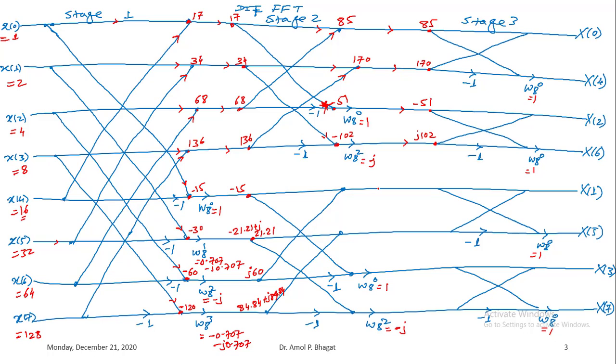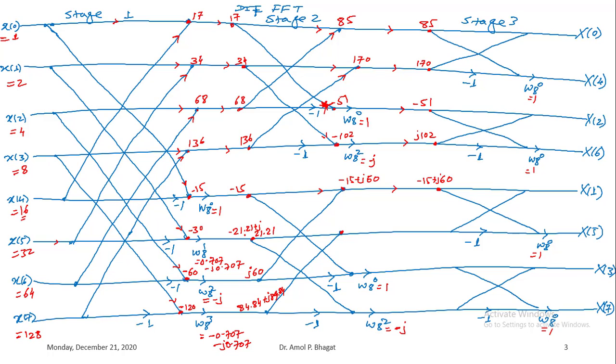Okay, let's compute the next outputs. So here -15 is there, and then it is getting added with j60, right? So output here will be -15 plus j60, which goes as it is at this point, so -15 plus j60, right?